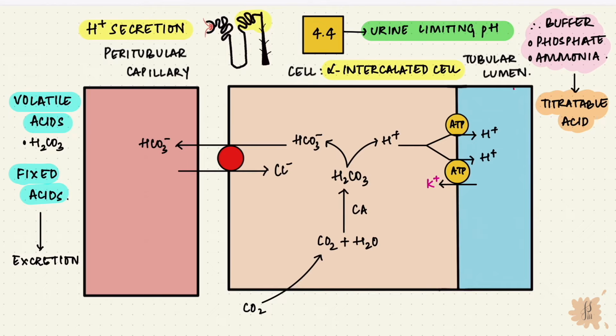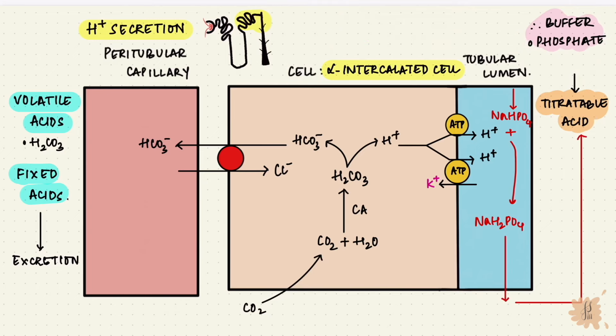The phosphate buffer involves inorganic phosphates. They are filtered by the glomerulus, so they're in the tubular lumen. They bind to the hydrogen ions to form this titratable acid. Phosphates do get reabsorbed by the proximal convoluted tubule, but because more water is reabsorbed there, the phosphate concentration in the lumen increases.